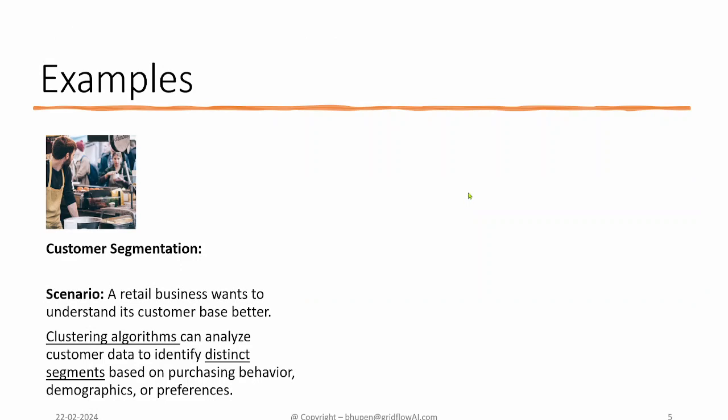So let's look at the first example, customer segmentation. Here we're going to talk about some customers that the company has, and we will try to understand machine learning from this example. Let's say a retail business wants to understand its customer base, meaning what sort of customer segments the company is dealing with, like premium customer, regular customer, and so on.